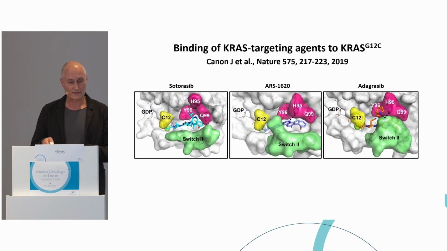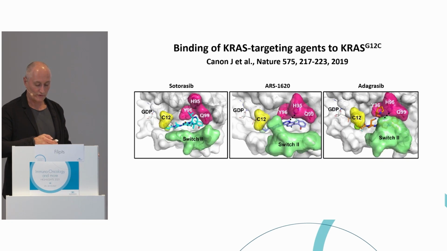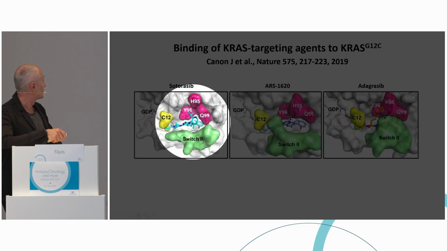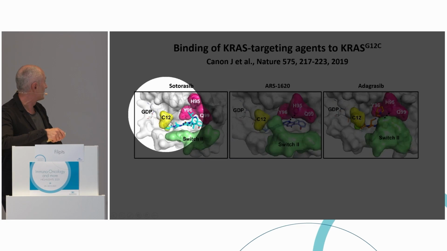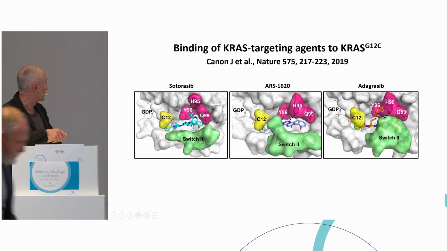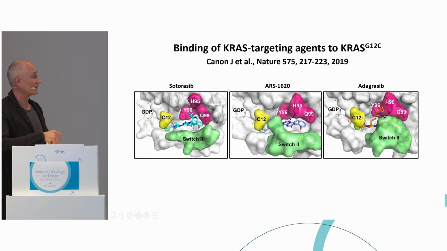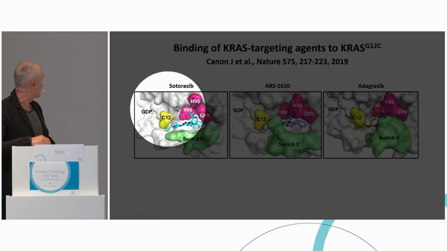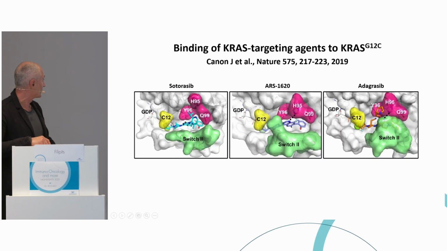So this is just to show you where this drug binds to KRAS. This is the switch 2 region I mentioned before, and the C12 position, the cysteine at codon 12, which shows you that in this case, sotorasib binds covalently to this cysteine at position 12, which then interferes with the GDP pocket, which is pretty close to the switch 2.